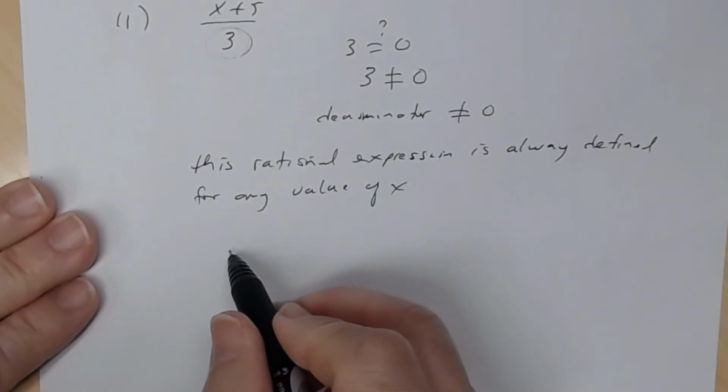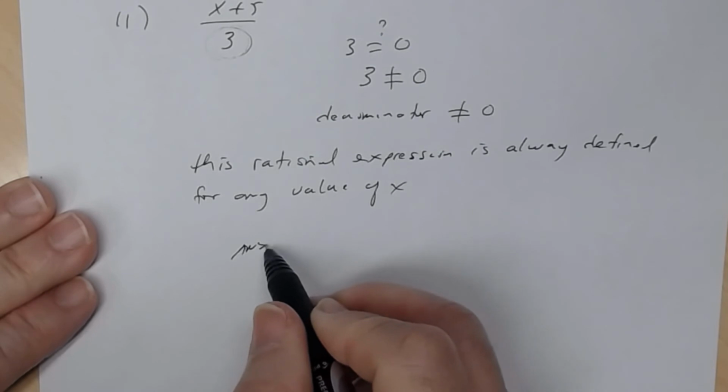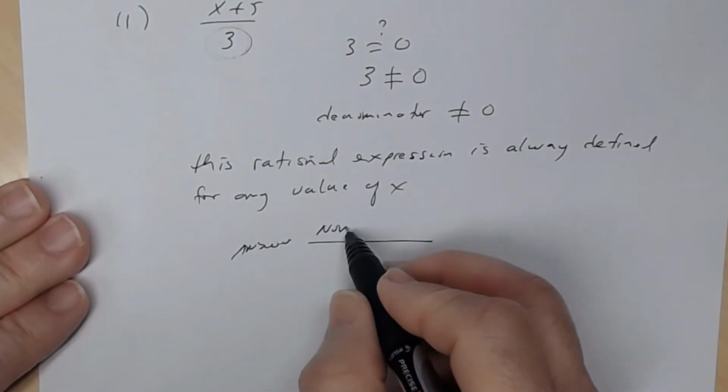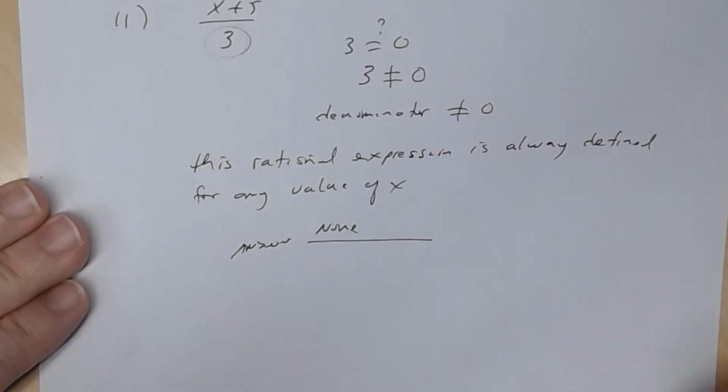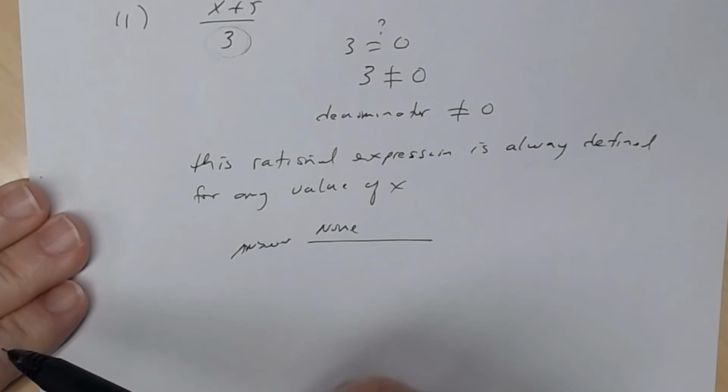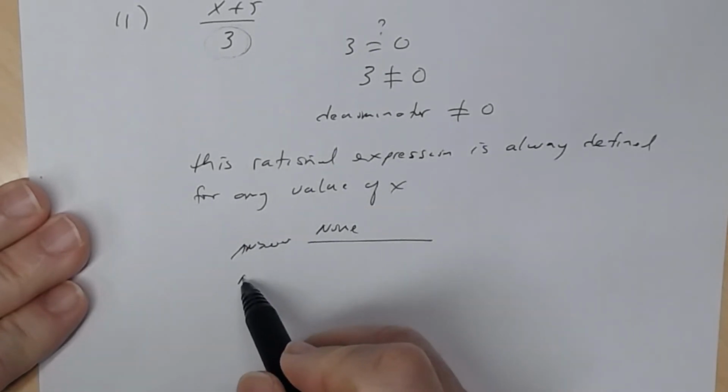All right, so in the blank, if I would have the word answer just like I did in the others, you would say none. Okay, so there are no values for x that make this rational expression undefined. All right, so there are no restrictions.